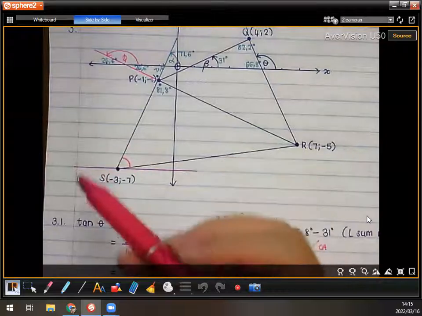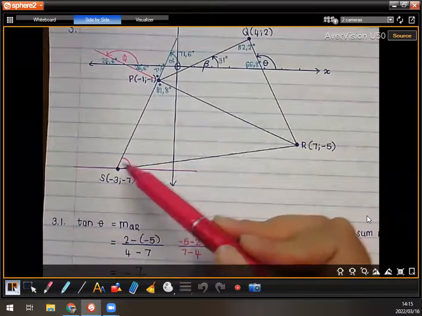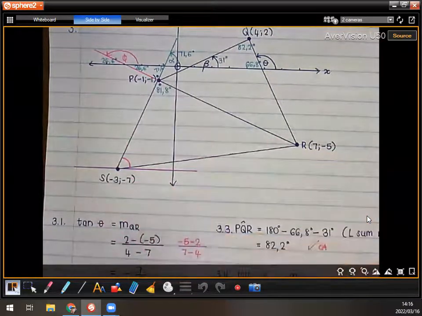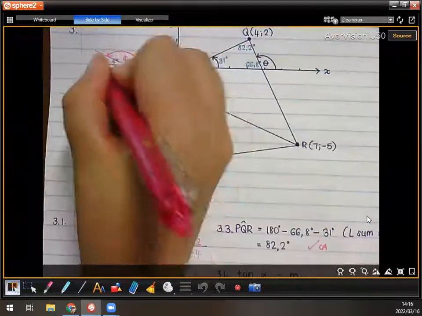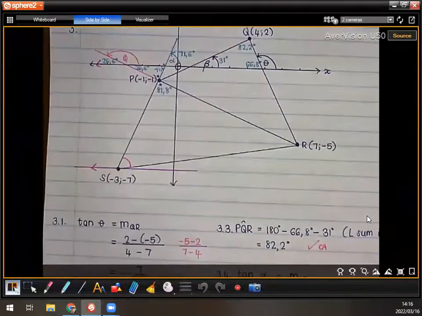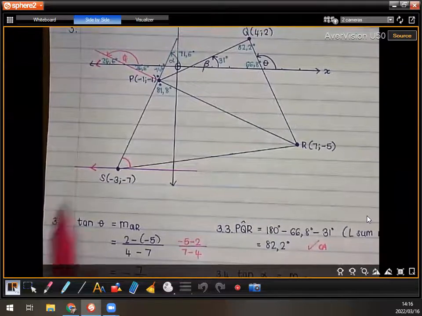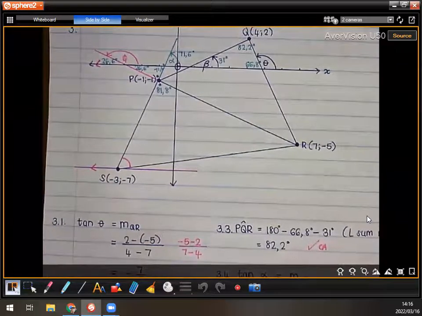So let me just check. Okay, we'll see. Right, we're drawing in a line that is parallel to the x-axis, right? That goes through that point. So guys, we're going to have to do some visualization here.